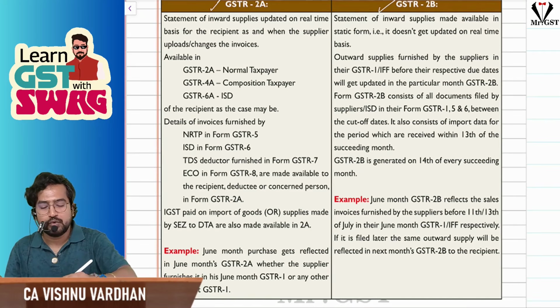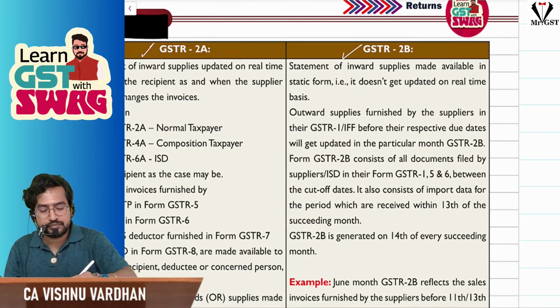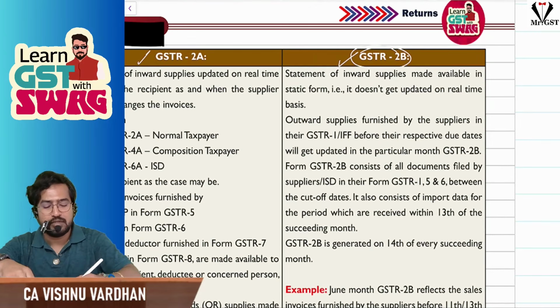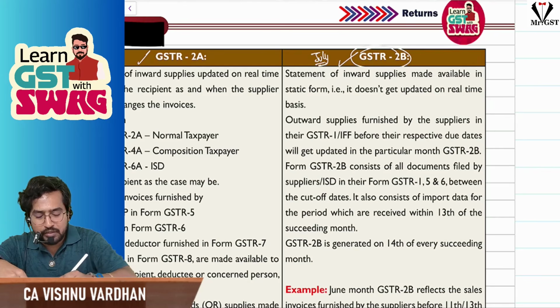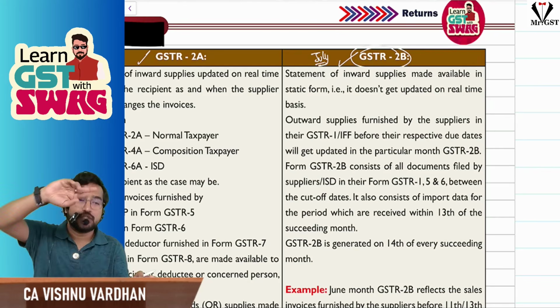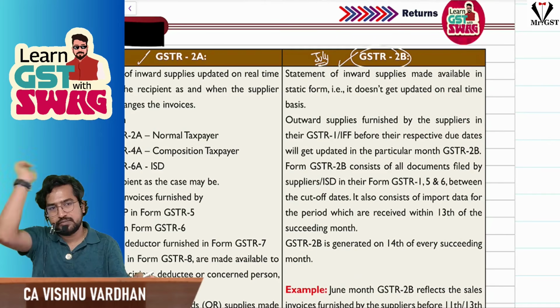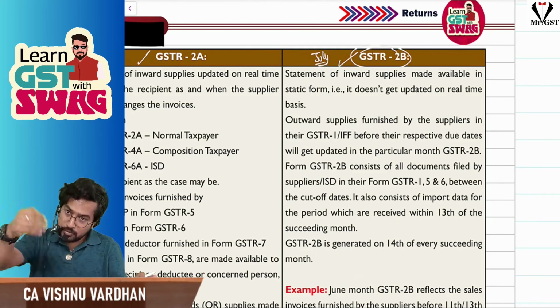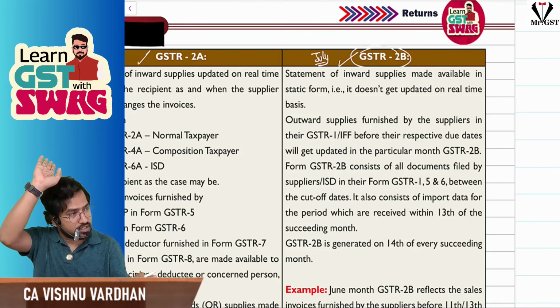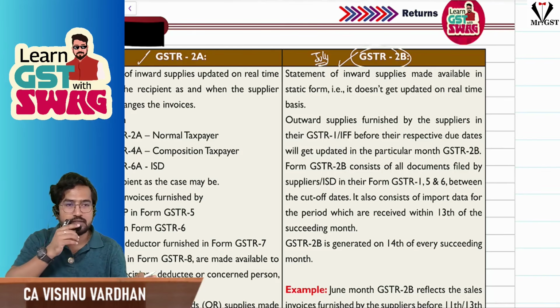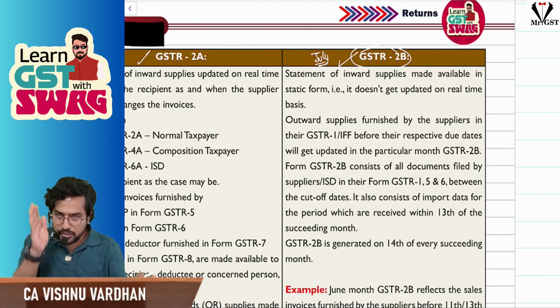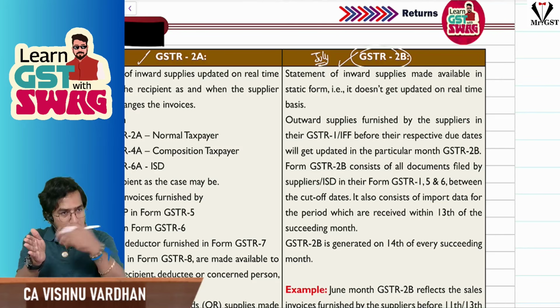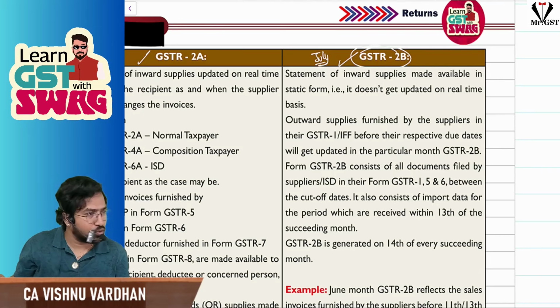Okay, in 2B, what will be reflected, ma? See, for example, July month 2B means July month GSTR 1 of your suppliers, whatever that fellow gives, will come in July 2B. That invoice may be belonging to July or that invoice might have been belonging to last year January. It doesn't matter. Whatever the information given in July GSTR 1 by your supplier will come in your July GSTR 2B.